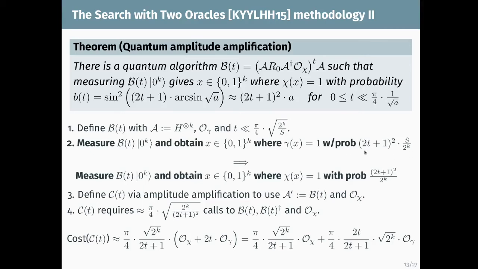So we have a probability of success of this, of measuring an element that satisfies gamma x equals 1, hence, again, we divide through by s and get our success probability relative to chi. Again, we then define our new algorithm C using calls to B and the quantum oracle based on chi. And this essentially gives the asymptotic behavior of the algorithm.